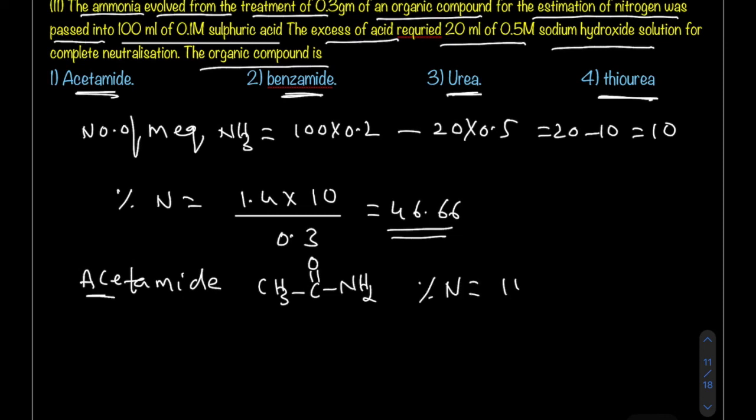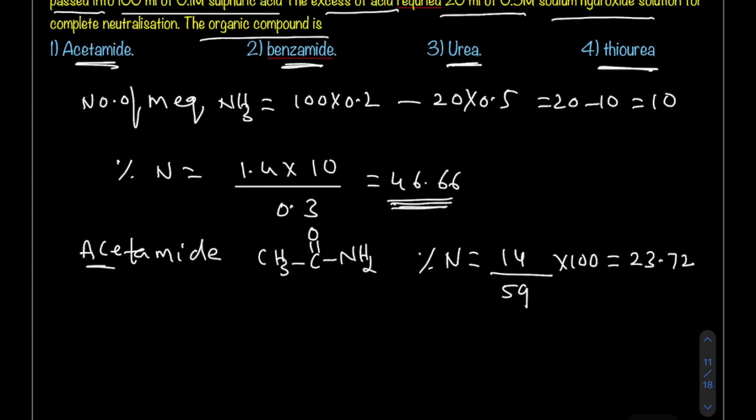Now how much nitrogen here? 1 nitrogen, which means 14. Total molar mass 59. Total molar mass into 100, so you will get 23.72. But our organic compound has 46.66% of nitrogen. So the first option is not correct.